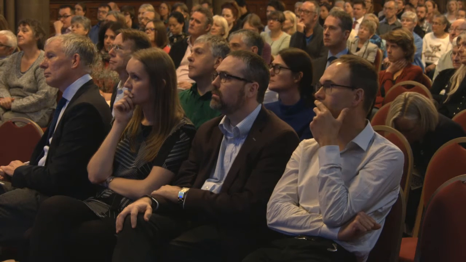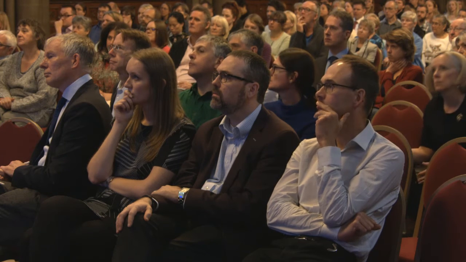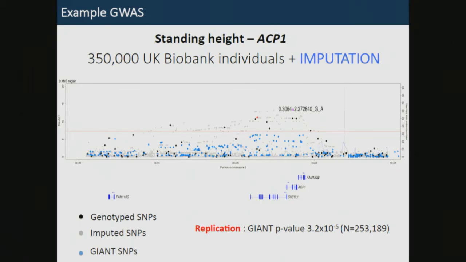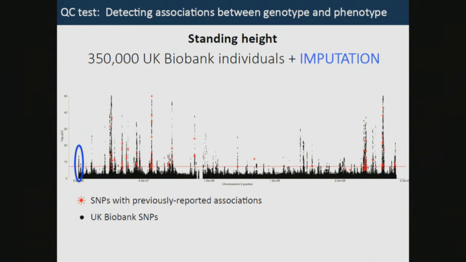And if I do that, I add in these blue dots, and you can see some of these blue dots are now very close to the line. And that's significant, in this context, what we call replication. We've repeated and found the same signal in this experiment. And so the expectation is, if I go back to this plot, that this will happen at all of these, or many of these positions.